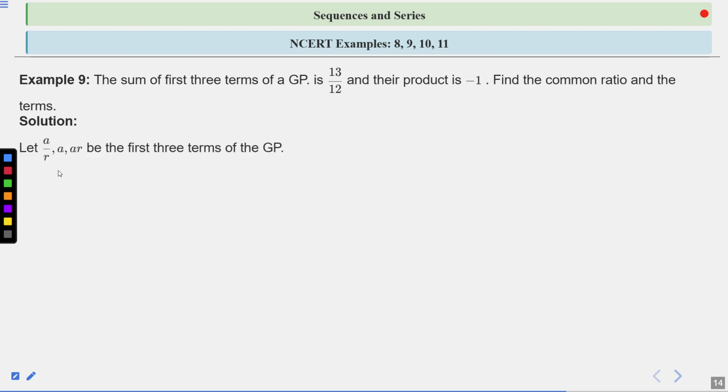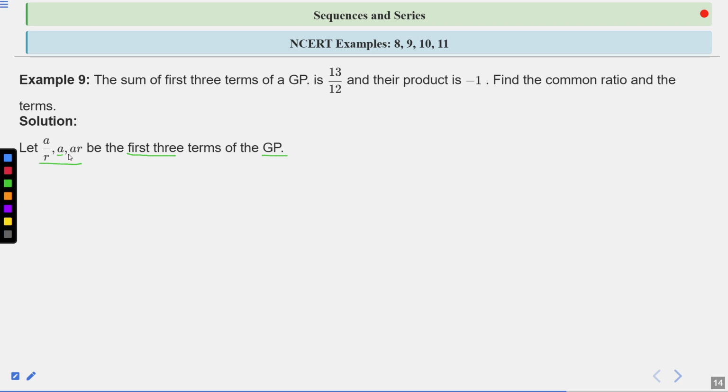We are assuming A by R, A and AR to be the first 3 terms of my GP. First of all, verify, are these 3 terms forming a GP? Yes. How? In order to say a sequence is a GP, first of all, all the terms must be non-zero. Yes, we are assuming they are non-zero.